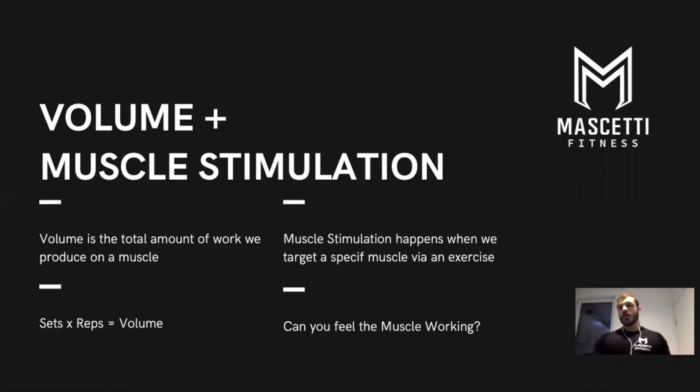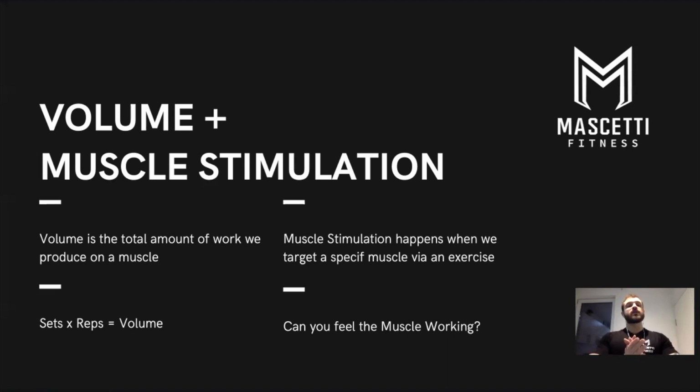And the way we target these muscles is important, right? That's the reason why if you want to grow your chest, you do a bench press. If you want to grow your biceps, you do a bicep curl. So we need to target the muscle that we want to grow in order to stimulate it.